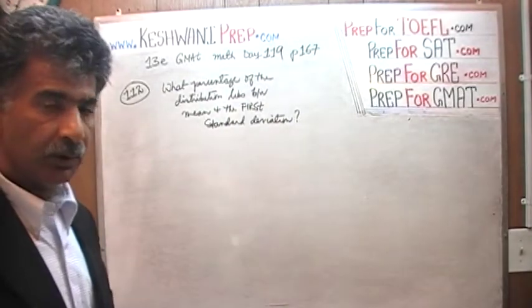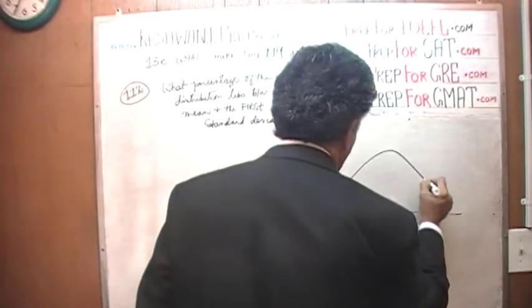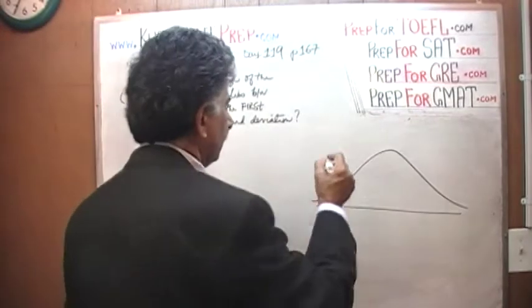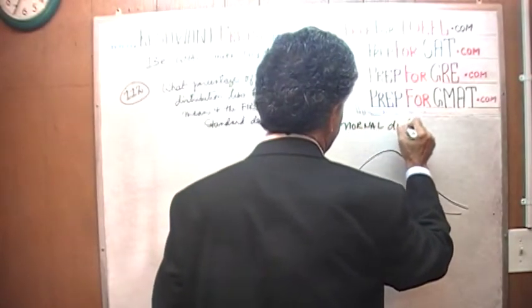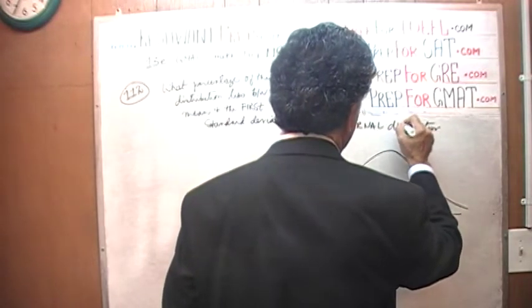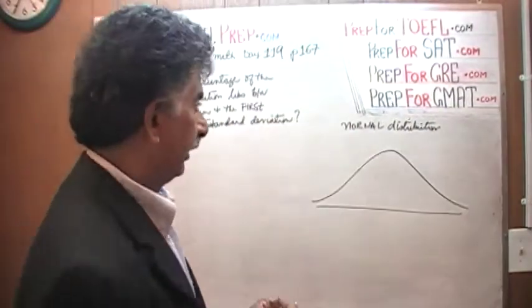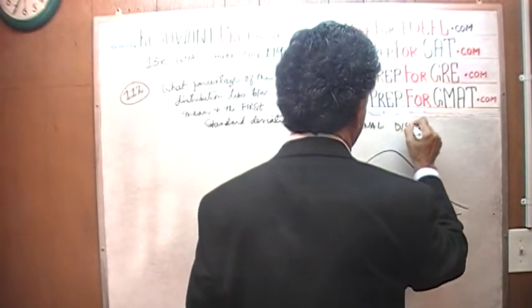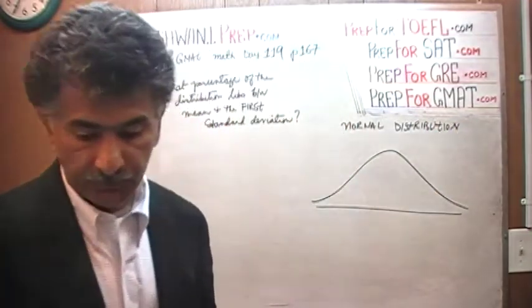And the distribution that they're talking about looks something like this. This problem deals with the concept of what is known as a normal distribution. If you're not familiar with the concept of normal distribution, then it's difficult to understand what they're talking about and what they're asking here.